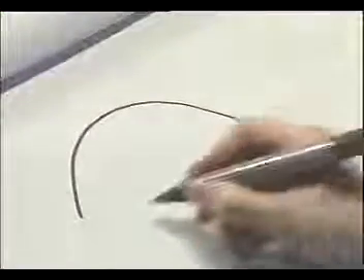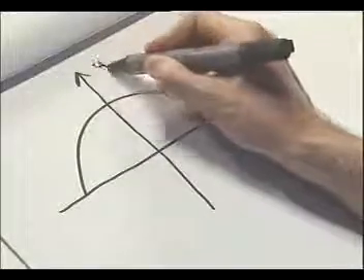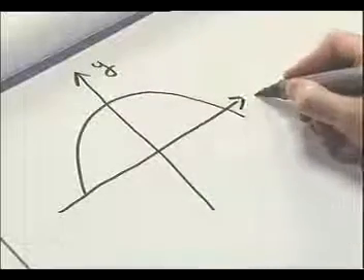The example I'm going to take is the sphere. In other words, we're going to rotate a semicircle about the x-axis. So I'll draw the semicircle first and then put in the x and y axes. So there's y and x.